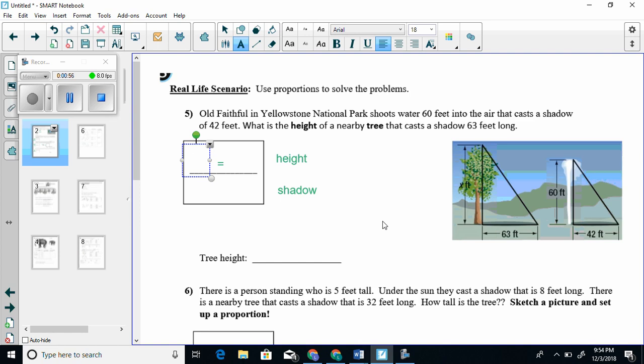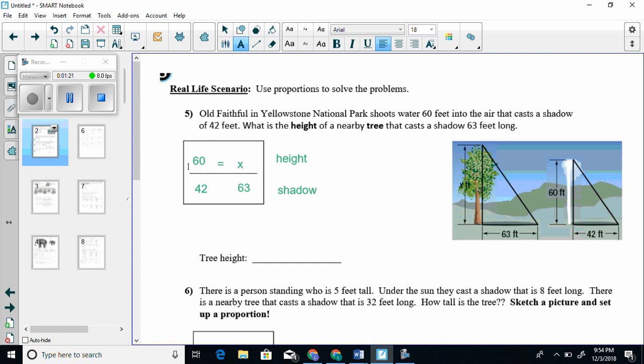Well, I know that my height for this water chute is 60 feet, and I know that my shadow for it is 42 feet. I can set that equal to 60 over 42 equals, I don't know the height, so I'm just going to represent it with X for my tree, but I know that the shadow for my tree is 63 feet.